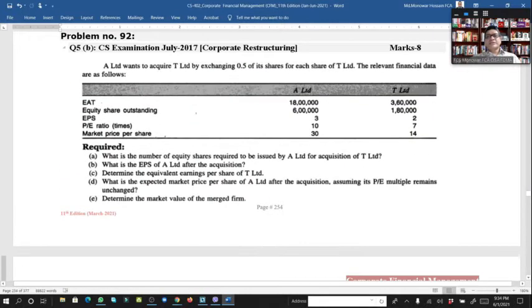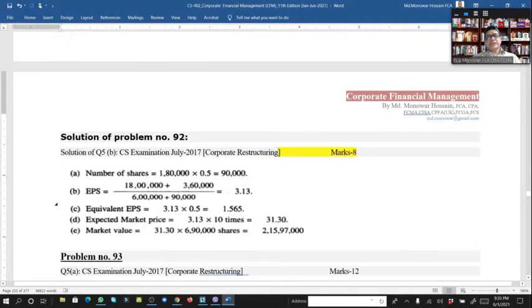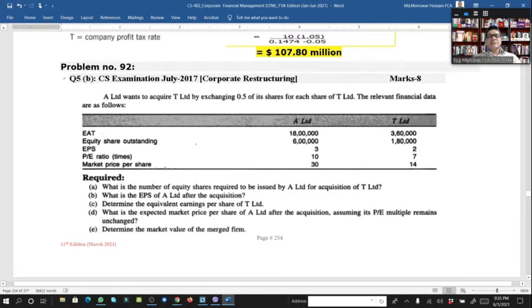Which number of shares? Here 6 lakh is the original A limited shares and another issue 90,000. So 6 lakh 90,000 shares is now. So total 18 lakh plus 3 lakh 60,000 earning after tax divided by number of shares 6 lakh 90,000. So EPS is 3.13.